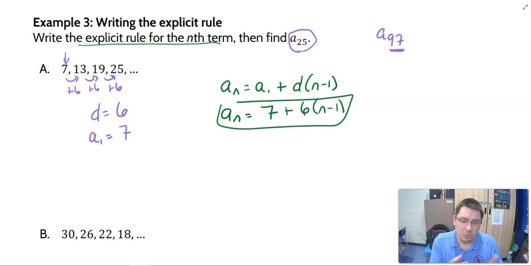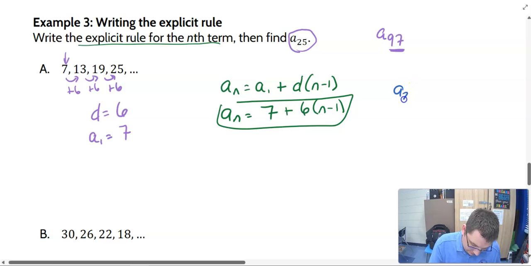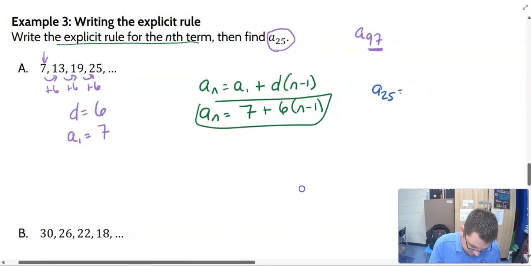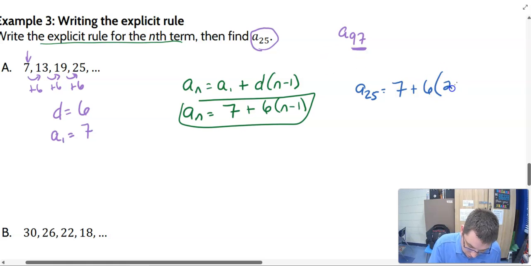Now, to be able to find the 25th term, we're just going to substitute in that 25 for n. And so everywhere I see n, I'm going to plug in the 25. So 7 plus 6 times 25 minus 1.